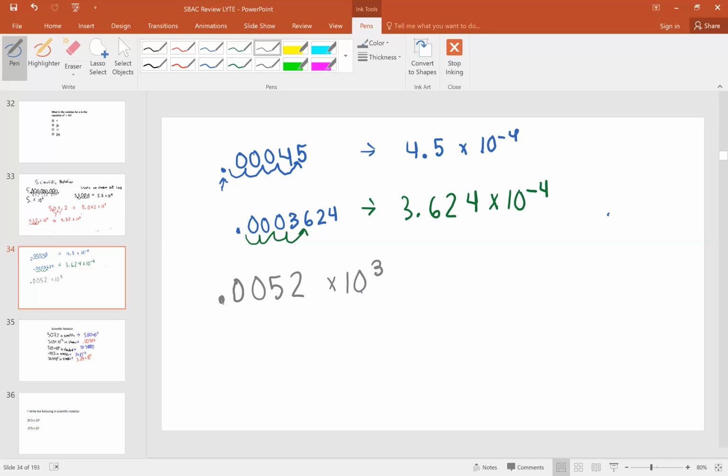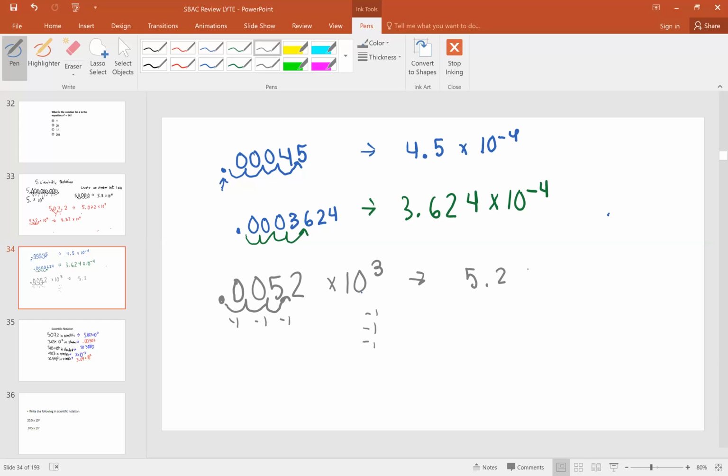I'd have to move the decimal to the right now. 1, 2, 3 times. So this would be 5.2. Now I moved it to the right 3 times. So anytime I move the decimal to the right, as you can see, it goes downwards, right? It's negative. So I minus 1, minus 1, minus 1.